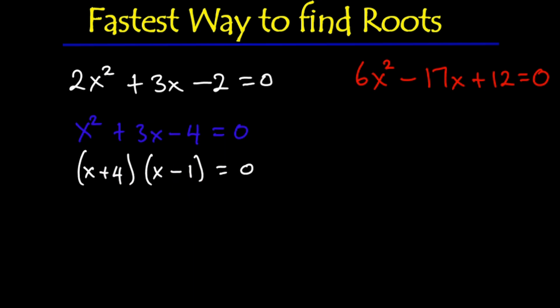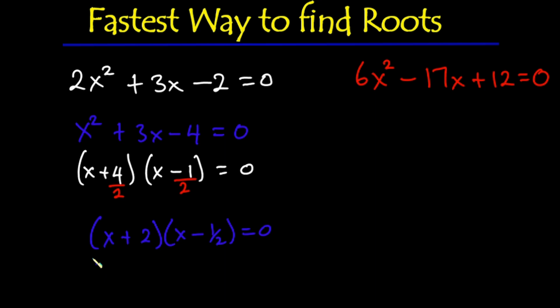Now remember, we are not leaving this 2 behind. So let's take this 2 and divide 4 by it, and then divide -1 by the 2 again. And now you can see we can simplify it. From here we have x plus 4 divided by 2 is 2, then we have x minus 1/2 is equal to 0.